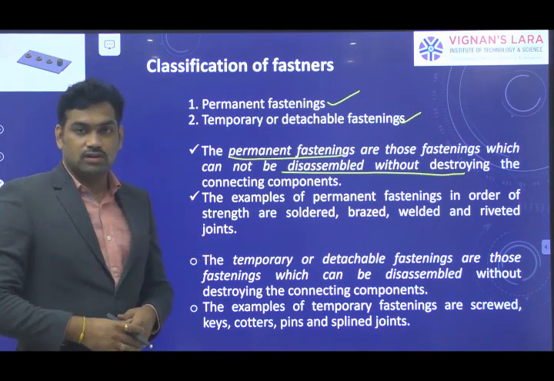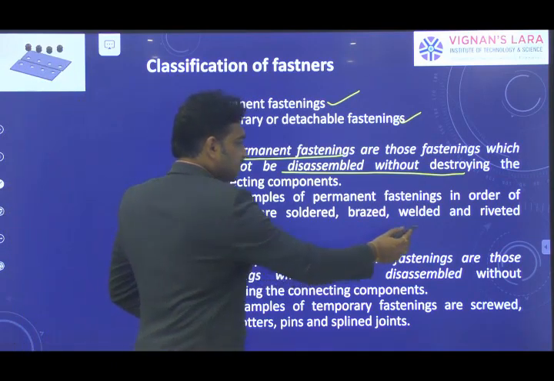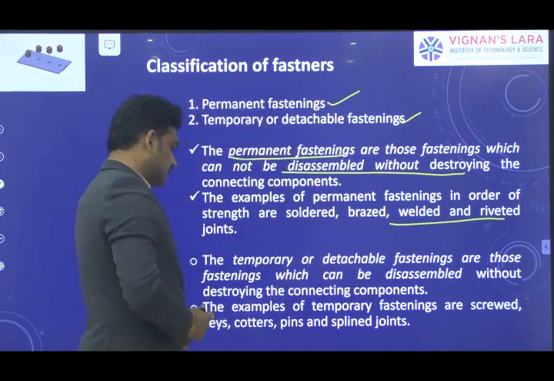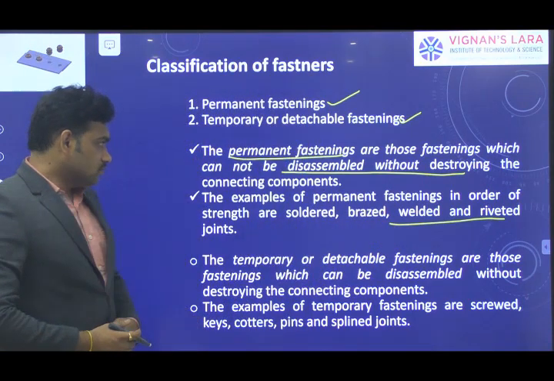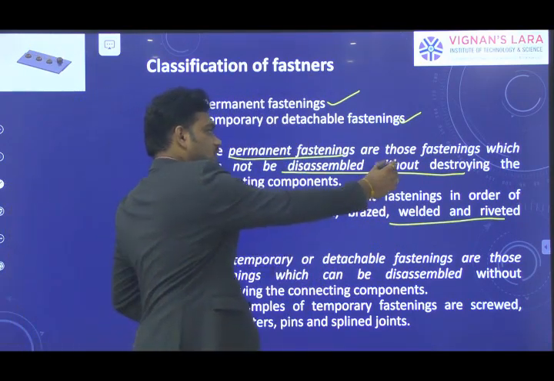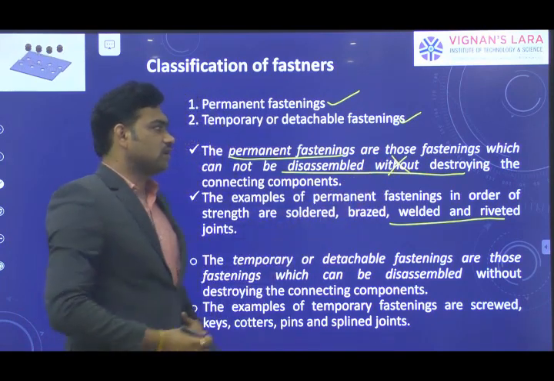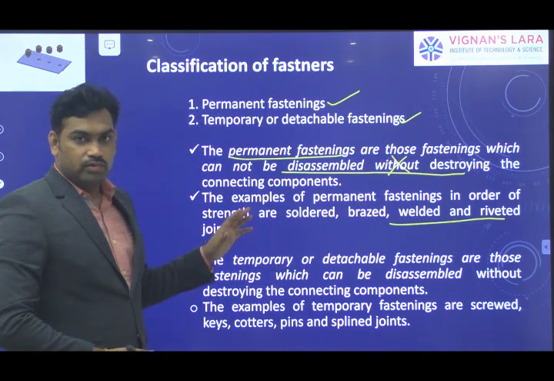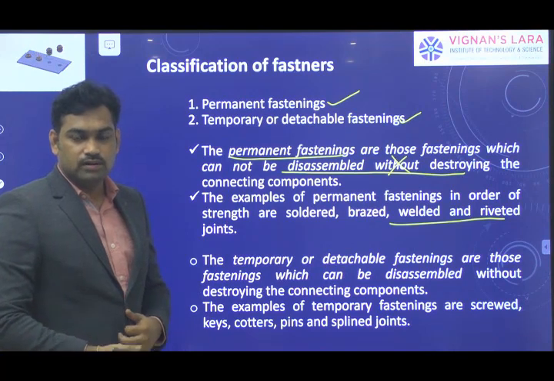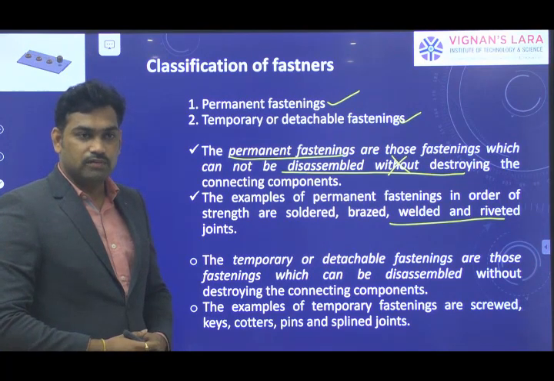The examples are soldered, brazed, welded, as well as riveted joints. Here it is not possible without destroying the connecting components; only by destroying them can the two machine components be separated. That is what permanent fasteners are.